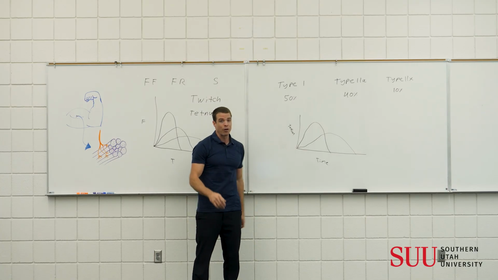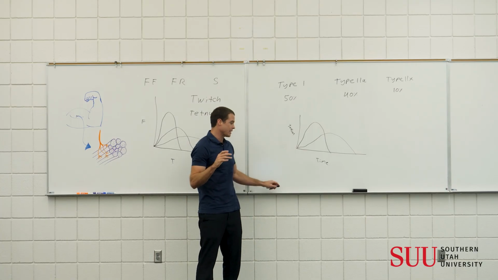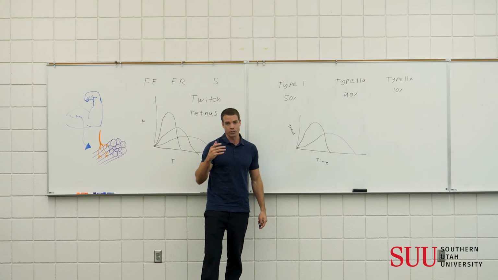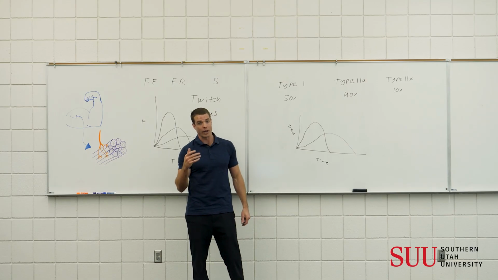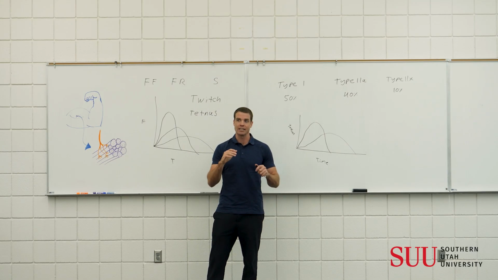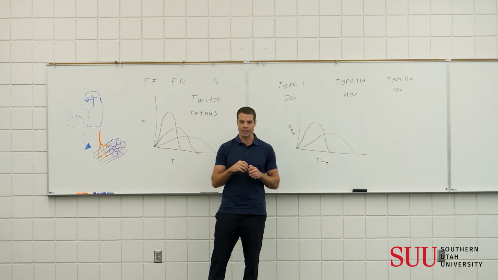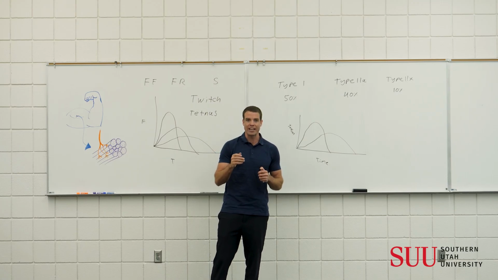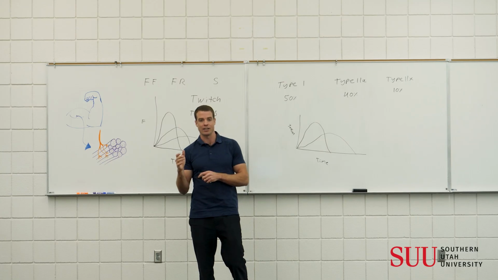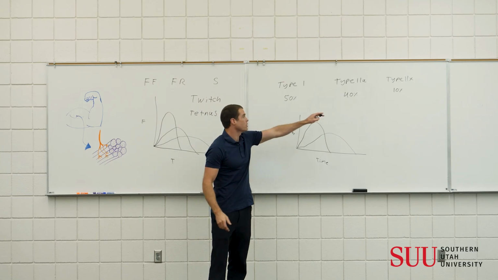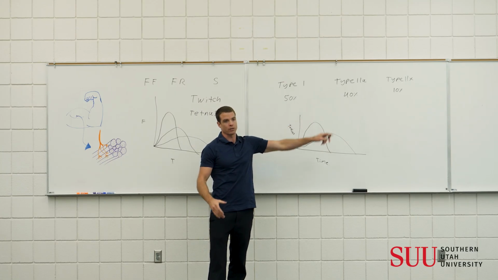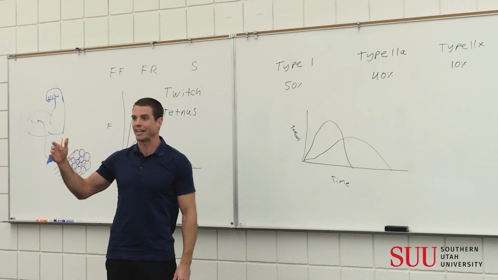Now, the elite level athletes, and there's the whole nurture versus nature, they can vary quite a bit. So you have your elite, let's say a sprinter, for example. They can have a lot higher type 2 muscle fibers, closer to 60, 70, 80%.